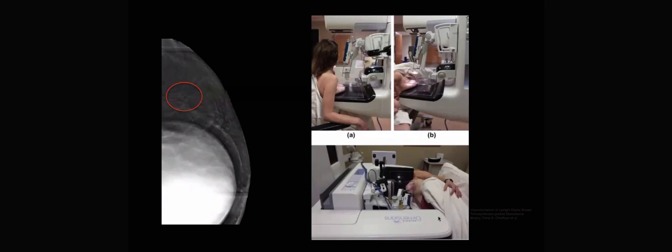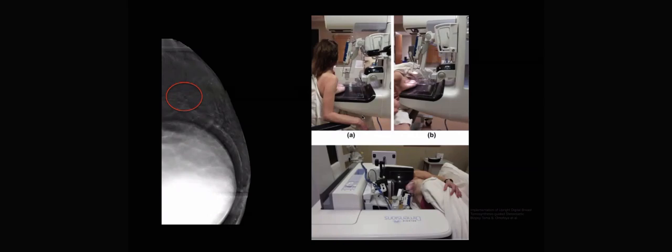If you don't have the benefit of the prone table, this is what a sitting technique looks like. You'll freeze the area, and then you will advance your needle.